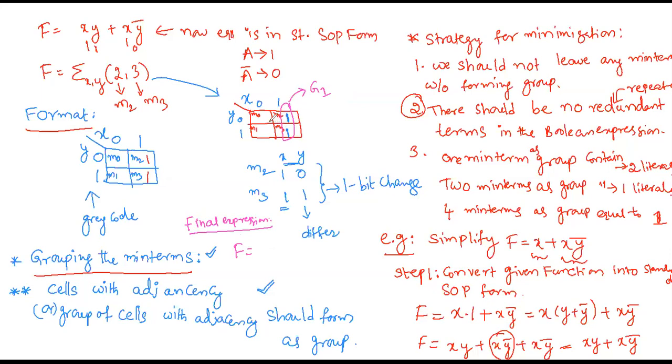If you get group 2, group 3 like that, our final expression is group 1 plus group 2 plus group 3 plus so on. You have to keep on adding.